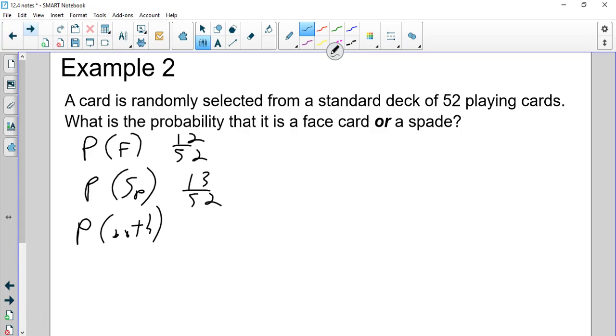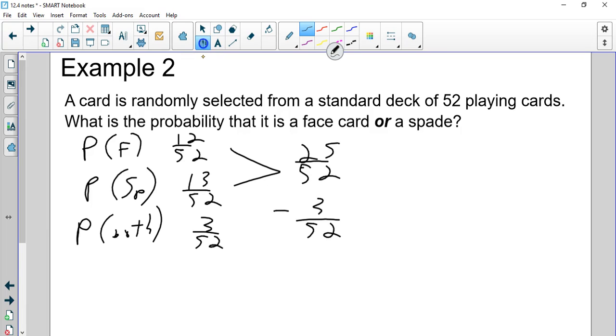Well, there's a jack of spades, a queen of spades, and a king of spades, so that's 3 out of 52. So we have to add these two and subtract the intersection of both. So that's going to give me 22 out of 52. And that's 0.423 or 42.3%.